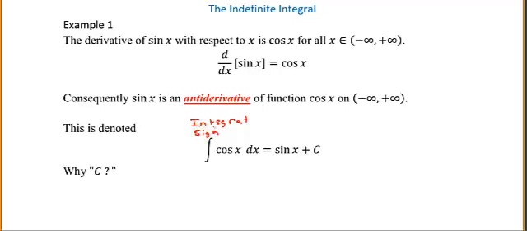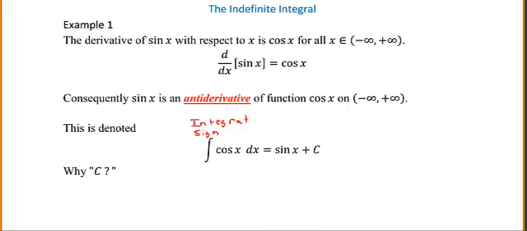Then there's a delimiter that starts with the integral sign and ends with dx. The dx indicates the variable with respect to which you're calculating an antiderivative. In this case we're calculating an antiderivative with respect to x.